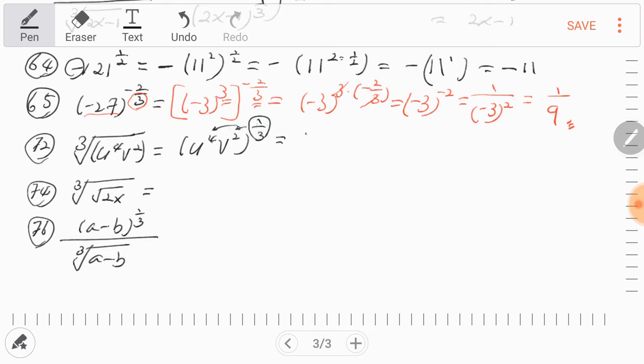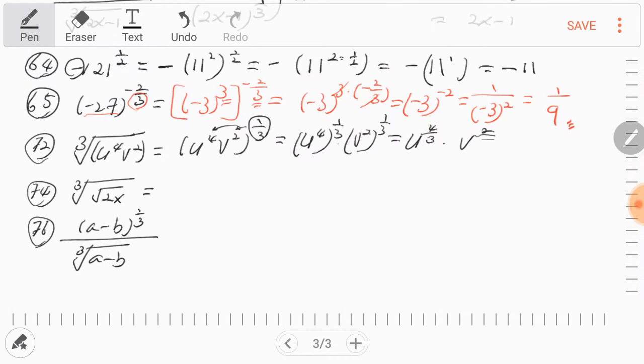So we have u to the 4th power raised to the 1/3, and then v squared raised to the 1/3. Then multiply exponents. So u to the what? 4/3, and v to the what? 2/3 power. 2/3.